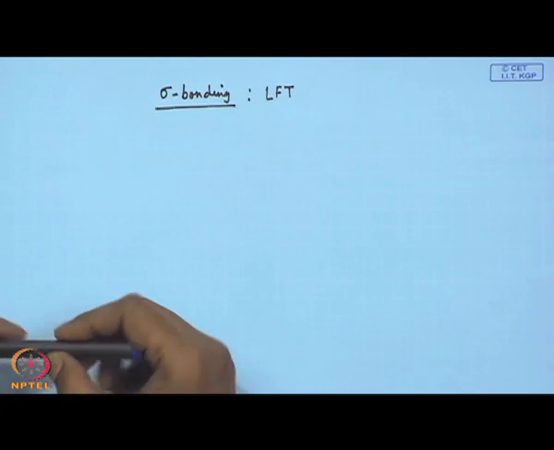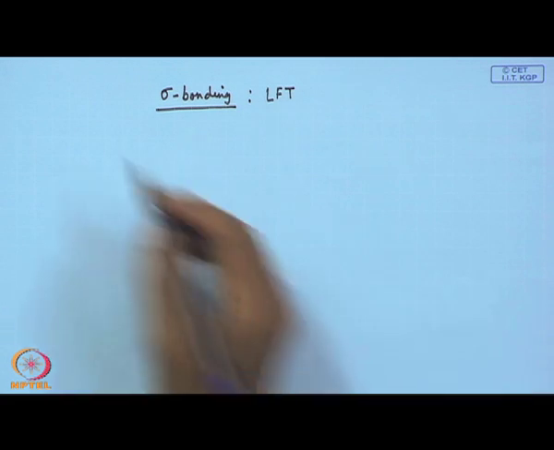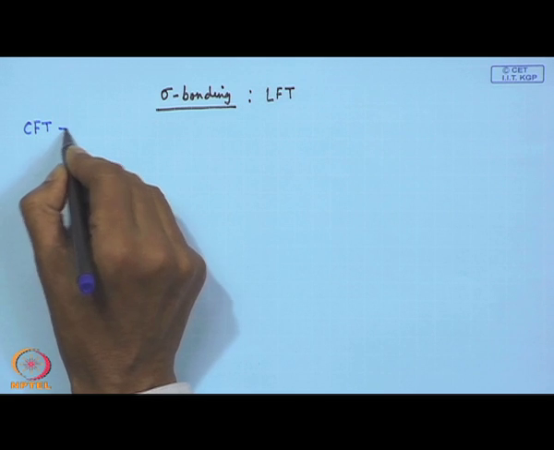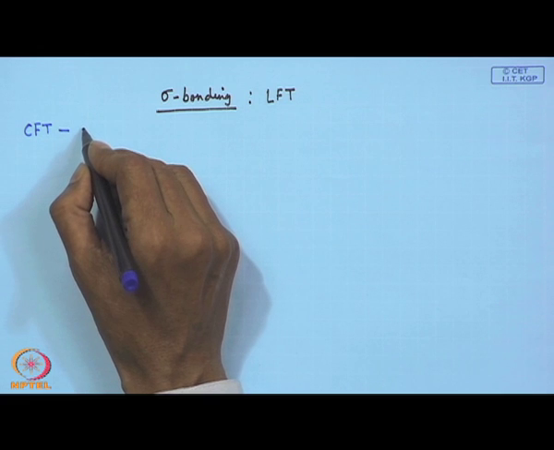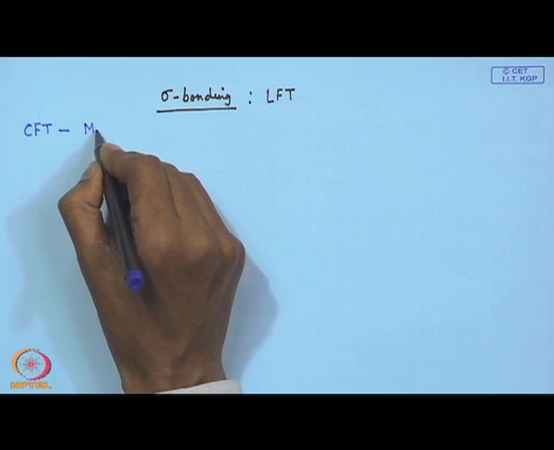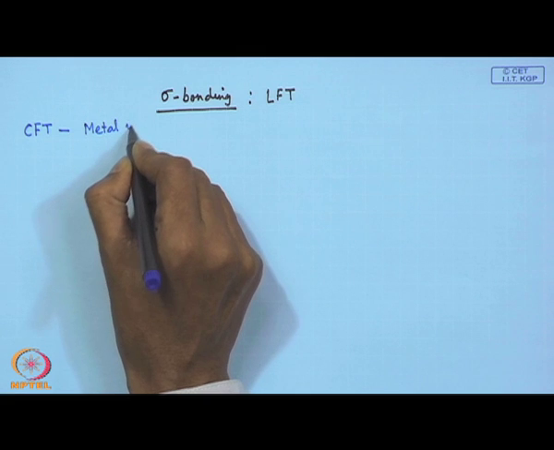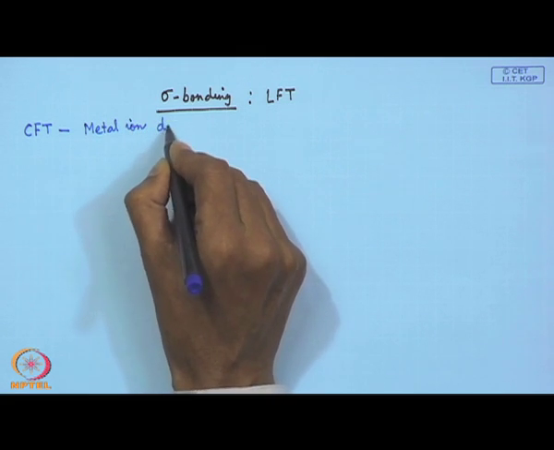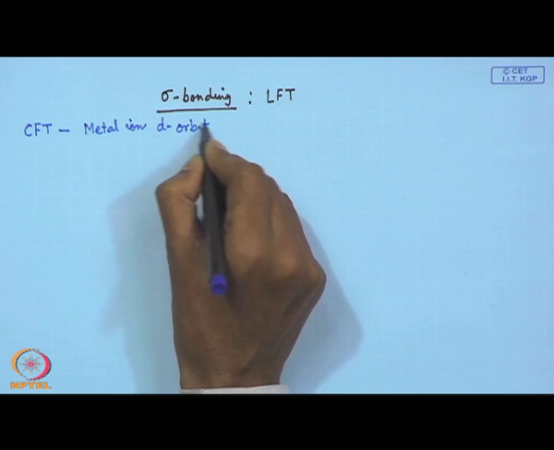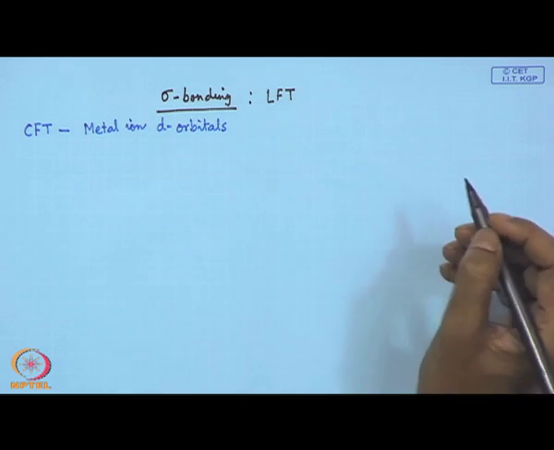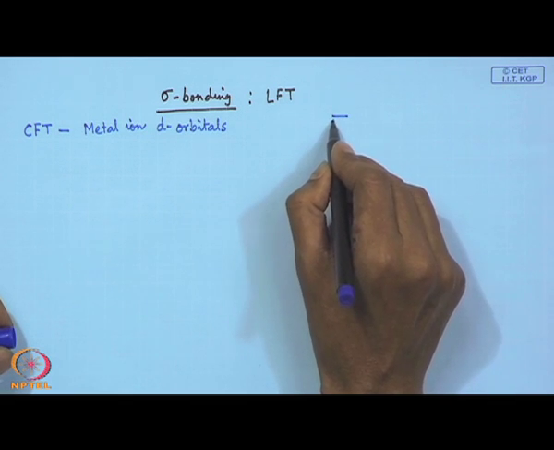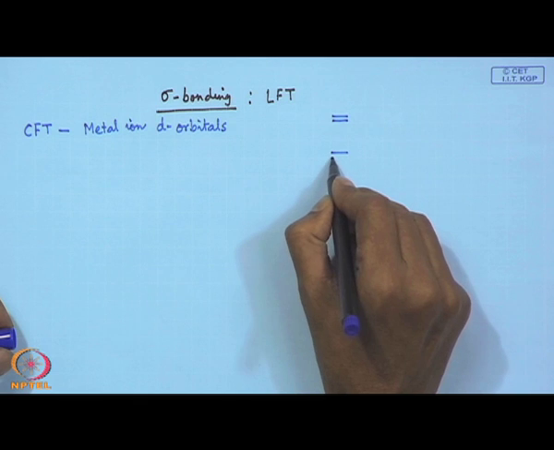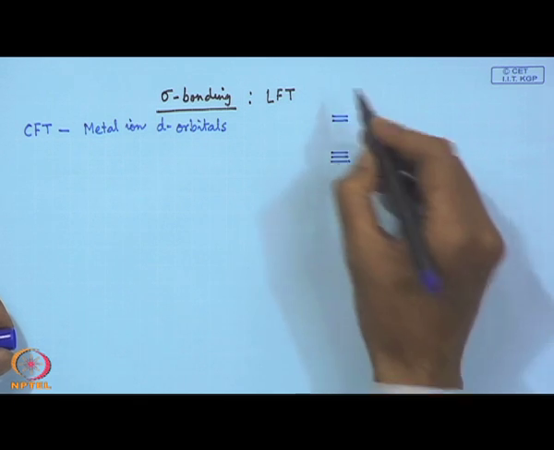So, the basic proposition we have seen earlier in case of crystal field theory, where we have chosen the corresponding splitting and the interaction of the metal ion d orbitals. We had these metal ion d orbitals within the crystal field of the different ligands.